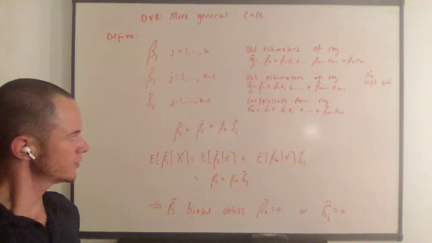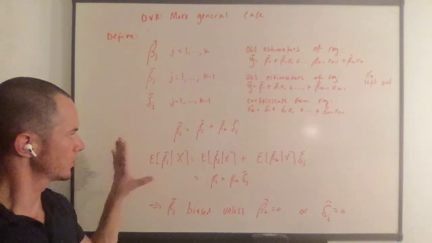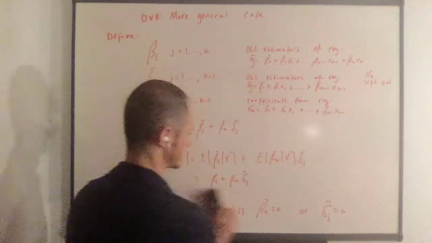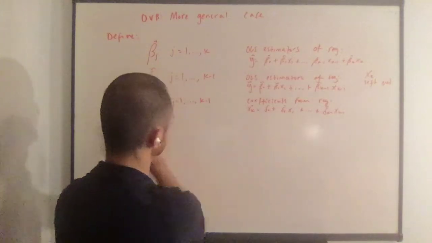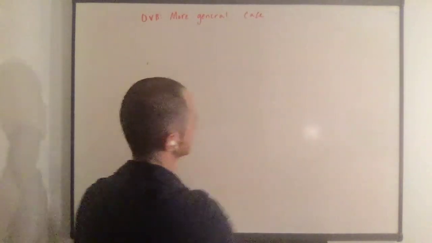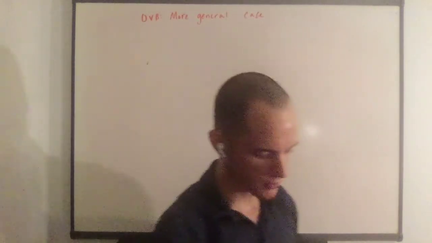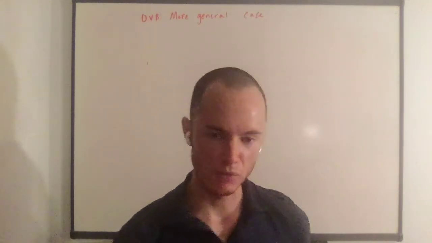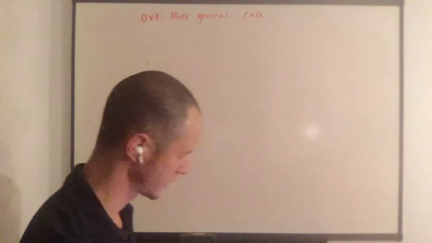Now what we want to do is to prove this result. So let's do that. We're going to prove this result for j equals 1 without loss of generality.